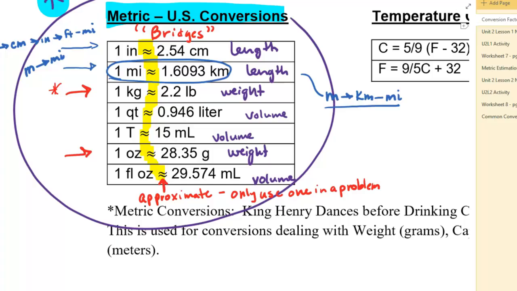measuring volume. So if we look at our table, we have 3 different measures for volume. We have one that goes from quarts to liters. So we could go from ounces, somehow get to quarts, and then go to liters. We also have this one, which is tablespoons and milliliters.